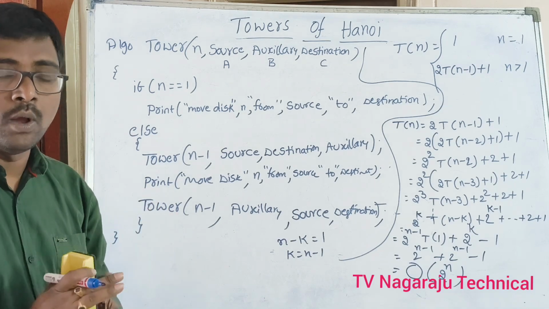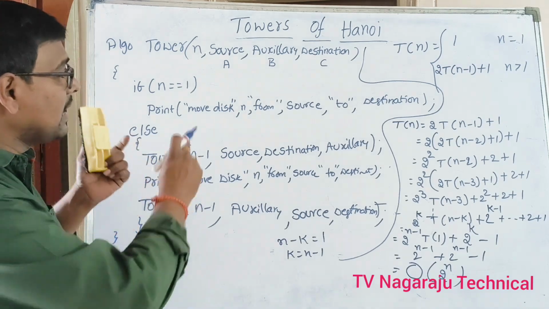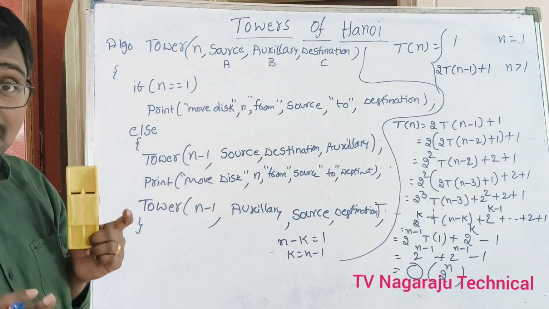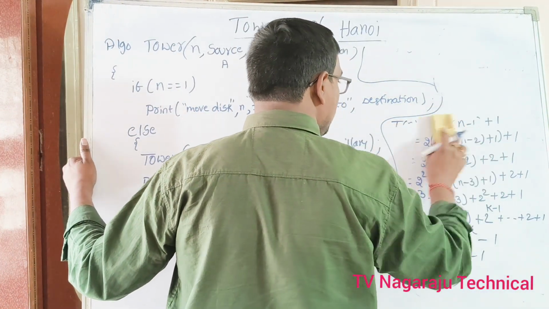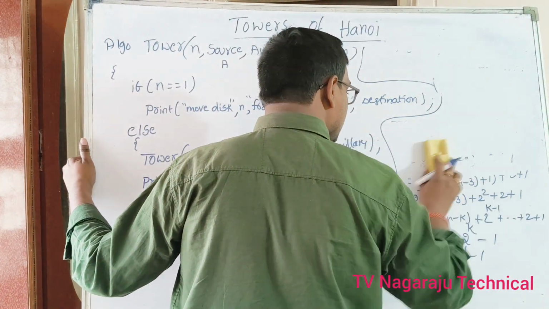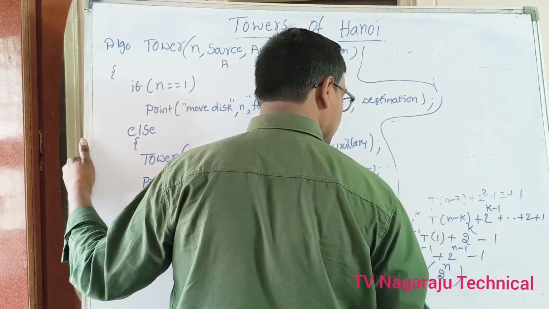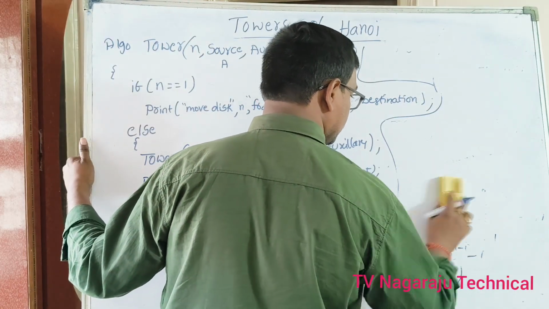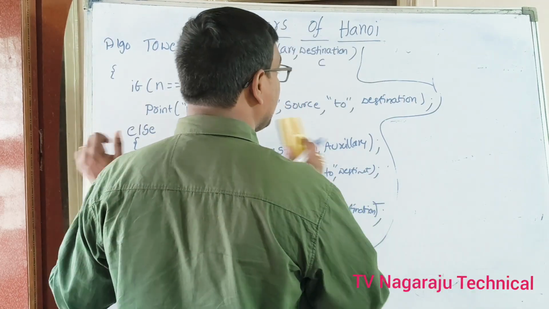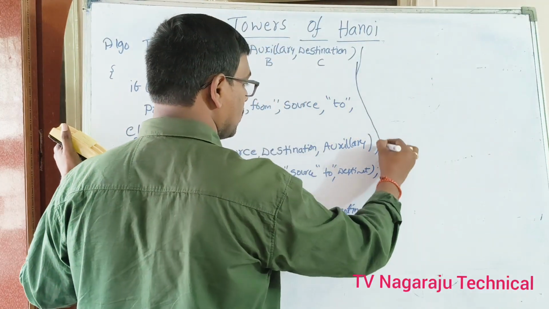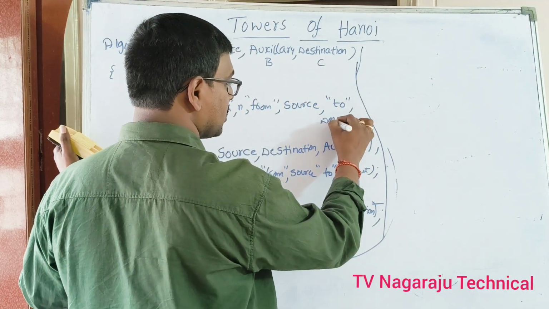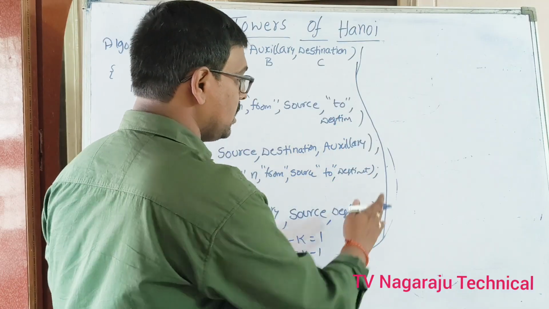Clear? Now I will show you the recursive calls for this tree. I will show some of the recursive calls, then you will understand how the recursion happens.